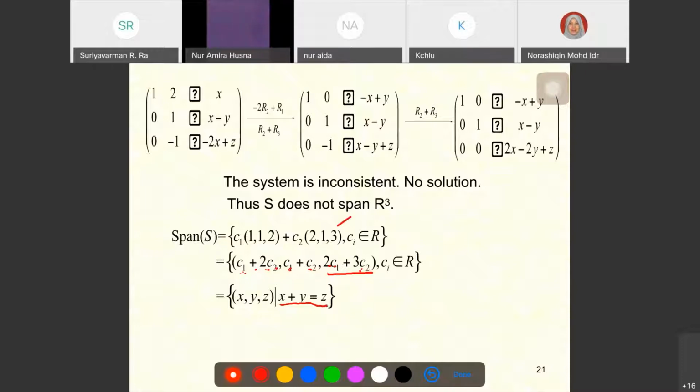Okay, so every vector in this form can be an element of span of S. The rest cannot. Okay, doctor.